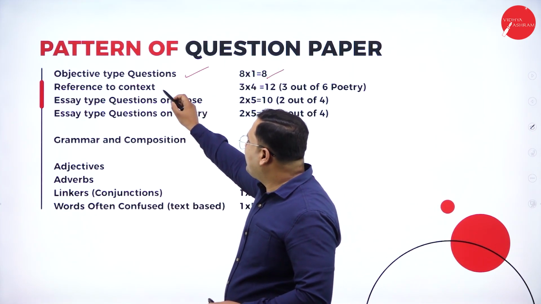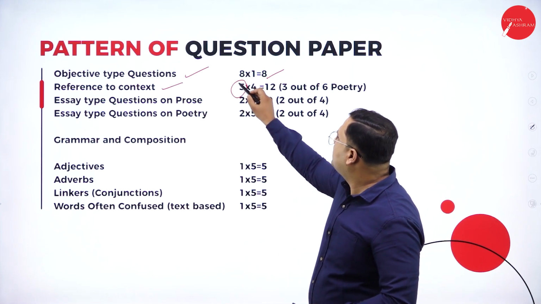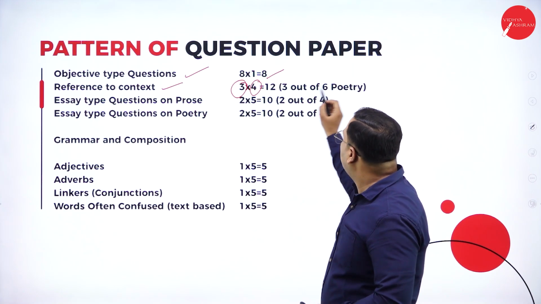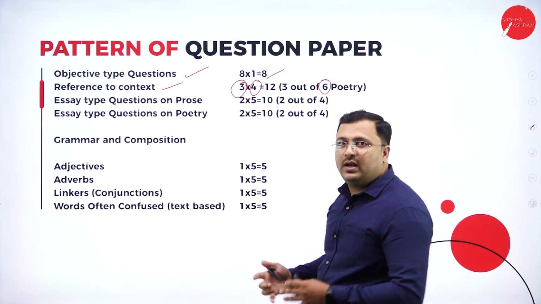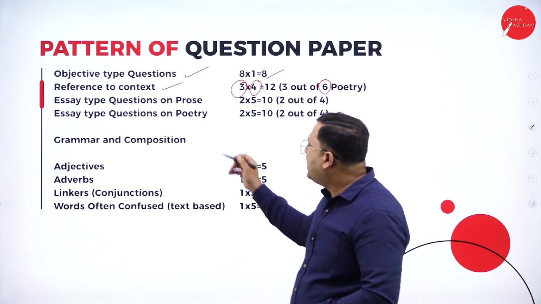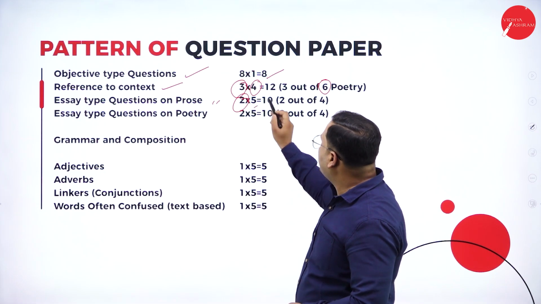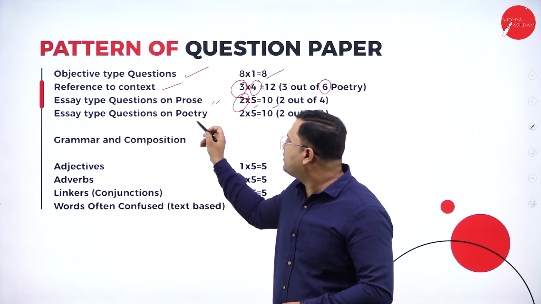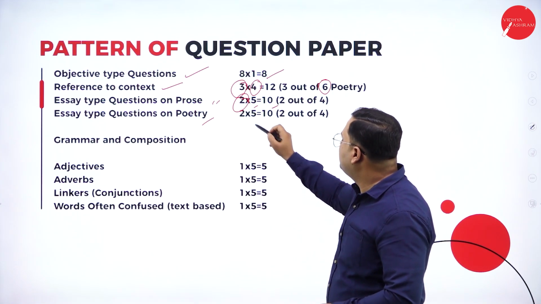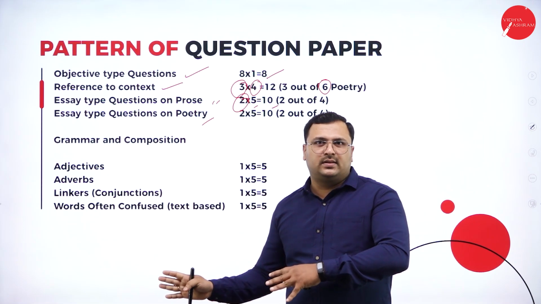Then reference to context, you will have 6 questions of 4 marks each, out of which you have to answer 3. You will have choices there. And essay type questions on prose, you will have 2 questions which carry 5 marks each, and it comes to 10. And again essay type questions, 2 questions, 5 marks each, 10. You will have choices in all these things.